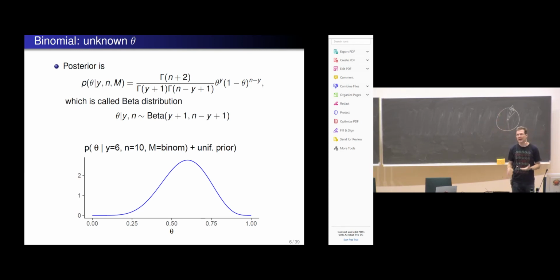With just 10 draws, you can see there's a lot of uncertainty. It's almost somewhere from 0.2 to 0.95 range. So we have not learned much from just 10 draws. This is characteristic for these binary observations, binomial models.